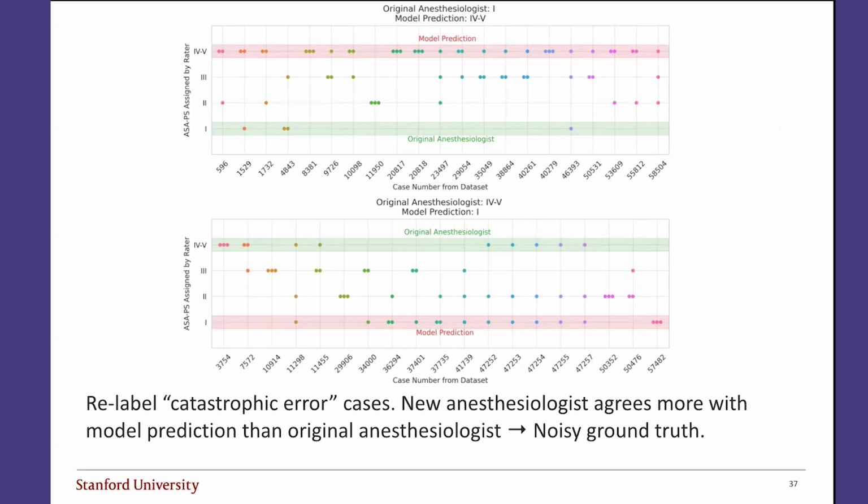The results of these 3 anesthesiologists are plotted for every single case as dots. While there is variability, overall the new anesthesiologists are agreeing with the model's prediction. And when we look at the examples much more closely and read the text that's going into the models, we can see that there are actually a lot of these cases which we label as catastrophic errors, but really the original label in the data set is wrong.